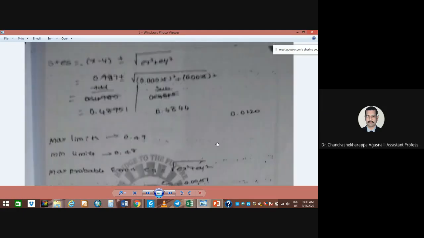When it comes to the second problem, the final value: the total maximum limit of the error will be 0.49 and the minimum limit is 0.08, and the maximum probable error will be ES is equal to square root of EX square plus EY square, 0.00251. Simplified, all together we will get the probable minimum and maximum limits of that.